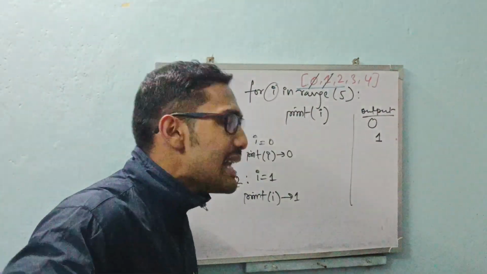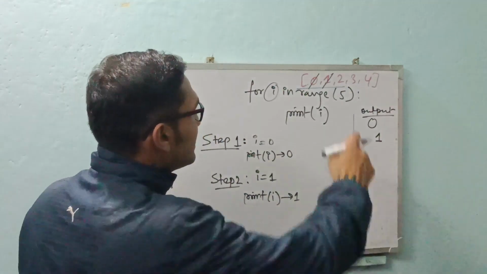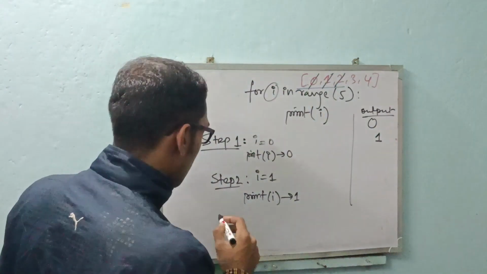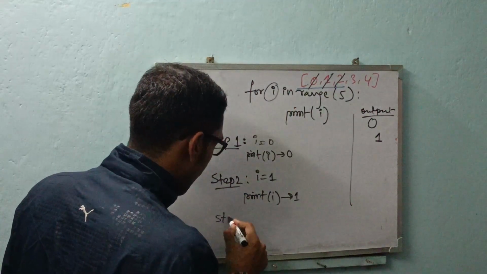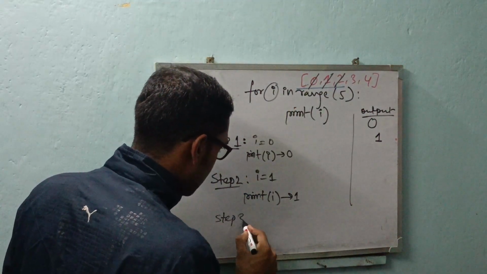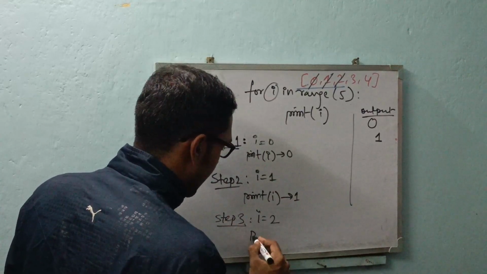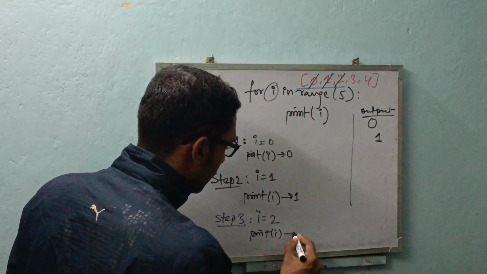It moves on because we still have elements within the list from the range function. So it will now pick up element 2 from this range of numbers. In step 3 the value of I will be 2, and it will print its value. So 2.